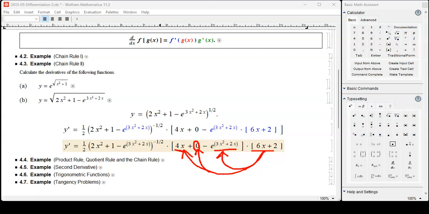Now, if you look at the previous expression here, then we have this multiplication, only these two, and then the 6x plus 2 times 4x does not take place. So depending upon where we end this bracket, you get different answer.